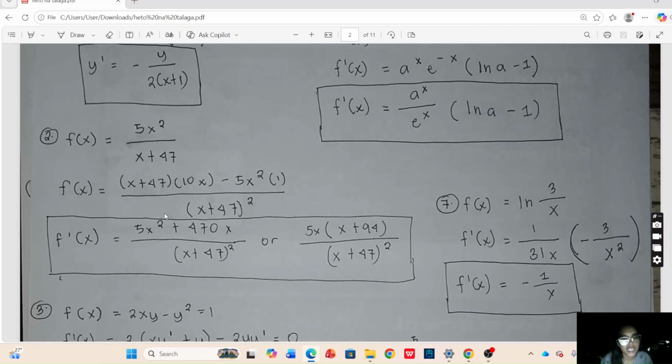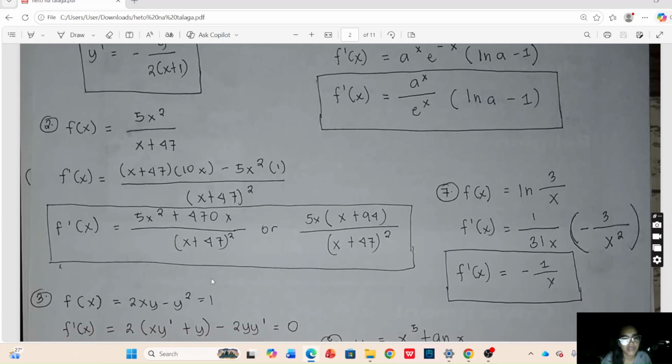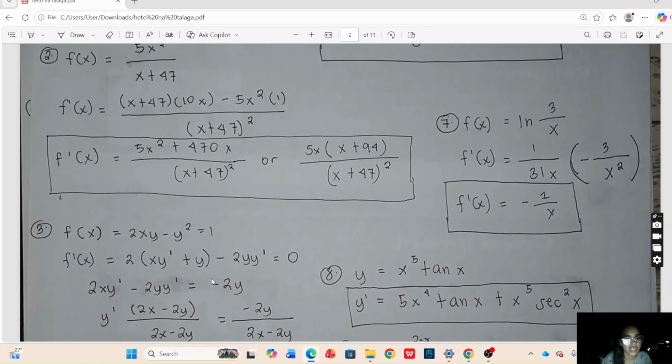The quotient rule states that the denominator multiplied by the derivative of the numerator minus the numerator multiplied by the derivative of the denominator, all divided by the square of the denominator, or simply v du minus u dv over v squared.